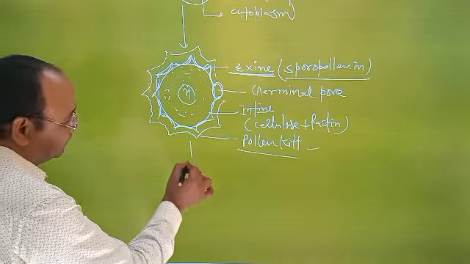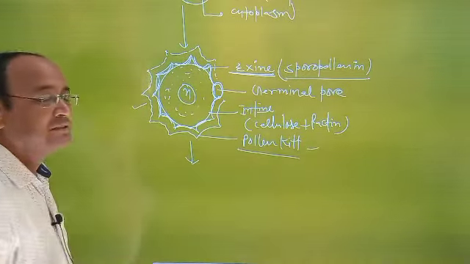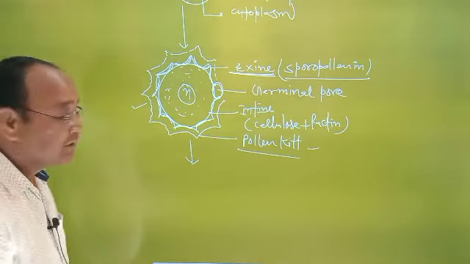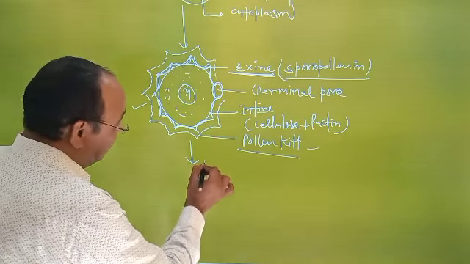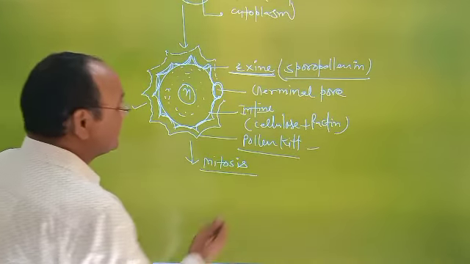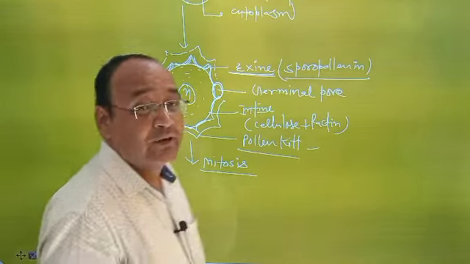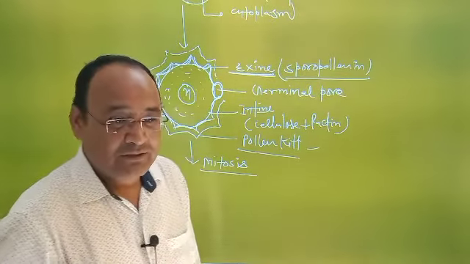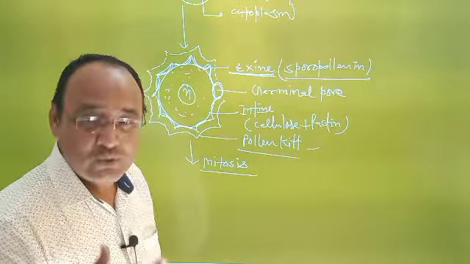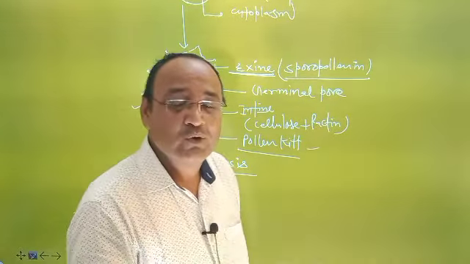One thing more: at this time the pollen grain is a single-cell structure, but after some time it undergoes mitosis division. In mitosis, two cells are formed, and the number of chromosomes is the same as in the parental cell.